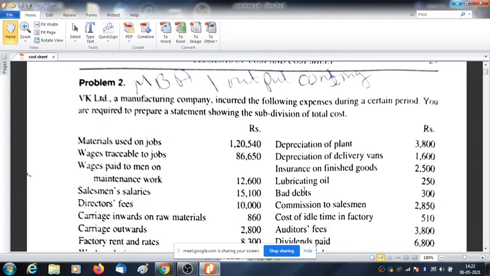Then comes bad debt. Now use your brain. You know the concept of bad debt I taught you during accounts classes. Then what would be the nature of this bad debt and under which head would it come? Any idea? Any one of you?